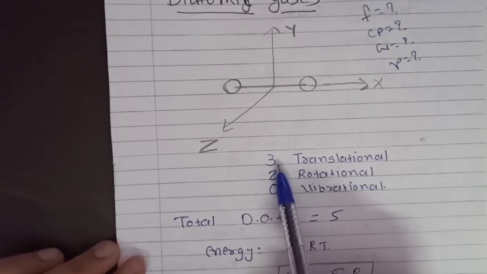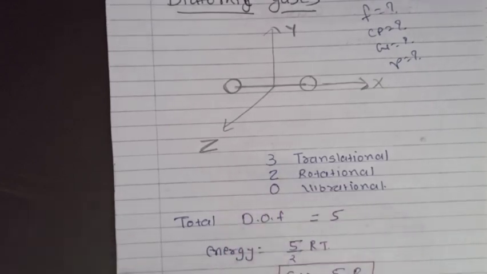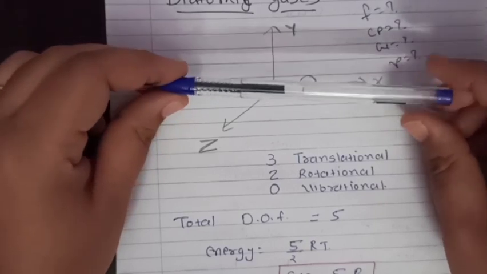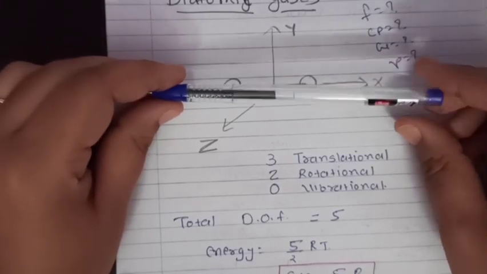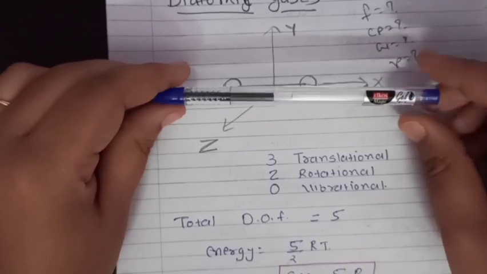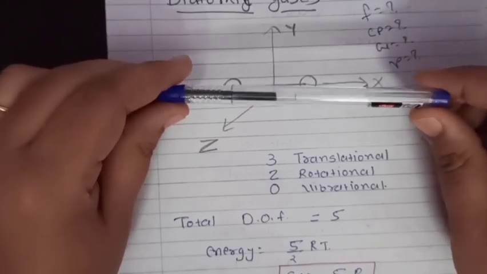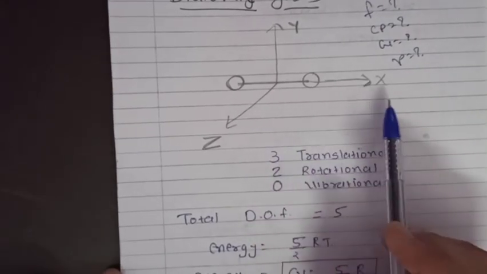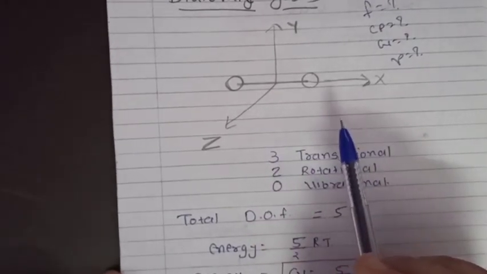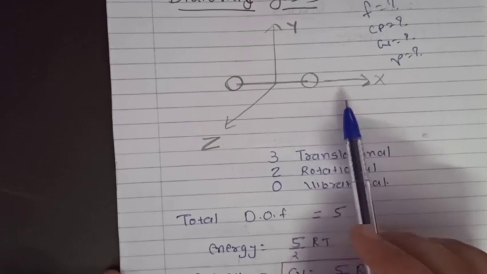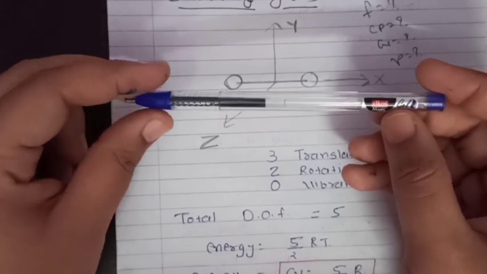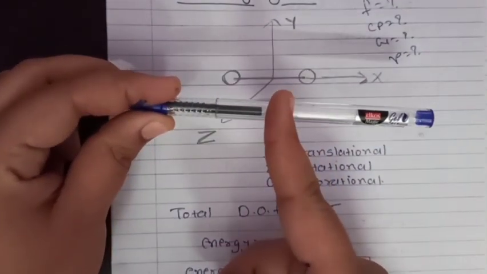Now we will think about rotational motion. If we consider rotation about the x-axis, then the case will be the same. It is just rotating about the radius of the atom. So the rotational energy while rotating about the x-axis is very much less, so we can neglect it. Now if it is rotating about the y-axis, then it will rotate about this point.